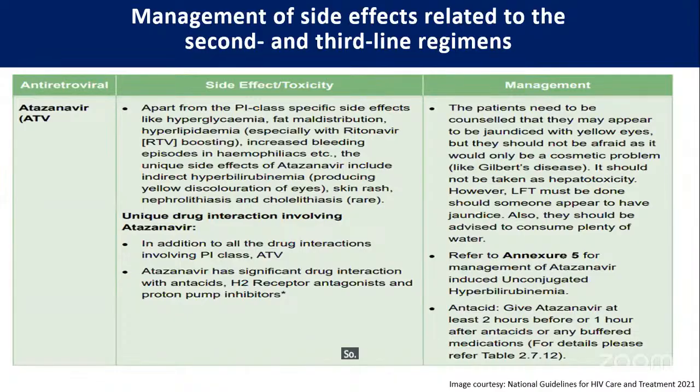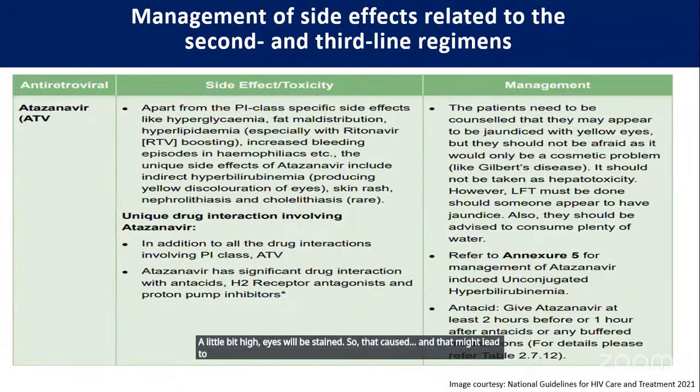So the indirect or unconjugated bilirubin will be high, eyes will be stained, and that might lead to cholelithiasis, pigment stone, or nephrolithiasis.